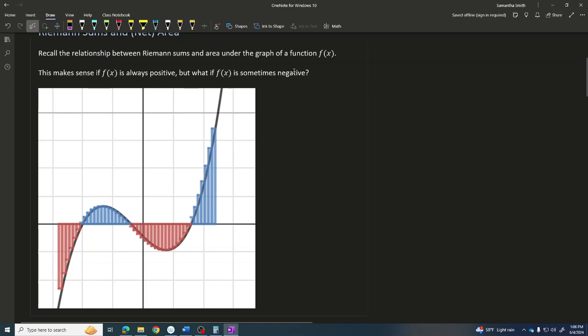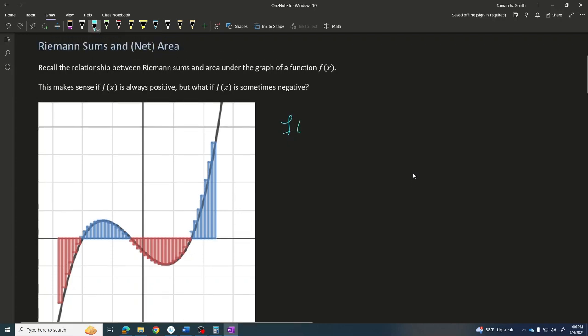Well, in that case, you can still think about the Riemann sum as capturing an area. However, if you're dealing with a point on the graph where your function outputs a negative value, if f with this x plugged in is negative, then when I apply that negative value to this product of height times width, that negative height times this positive width is going to give you a negative area.